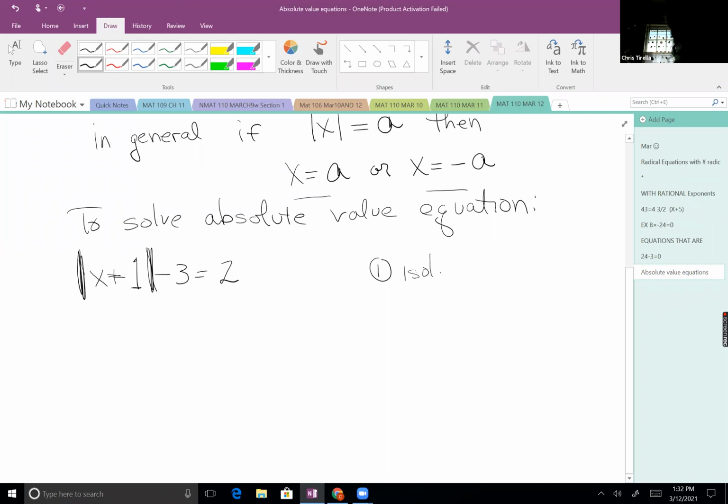So let's isolate the absolute value. So to get that absolute value alone, I'm going to add 3 to both sides. Gives me the absolute value of x plus 1 is equal to 5.